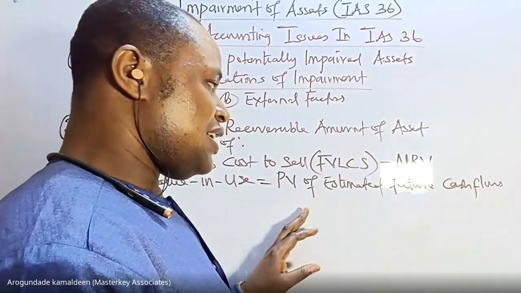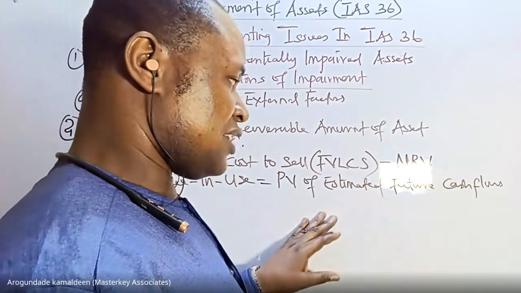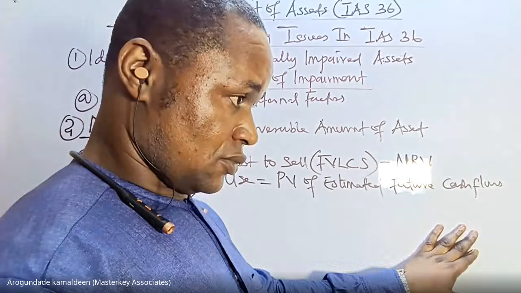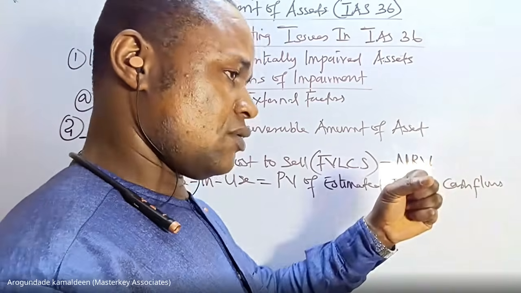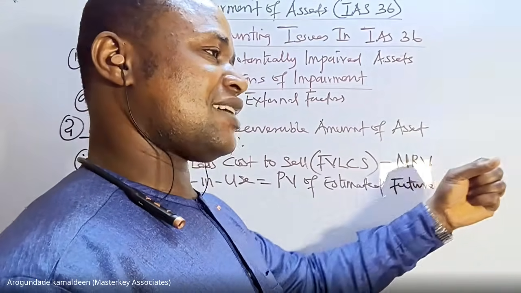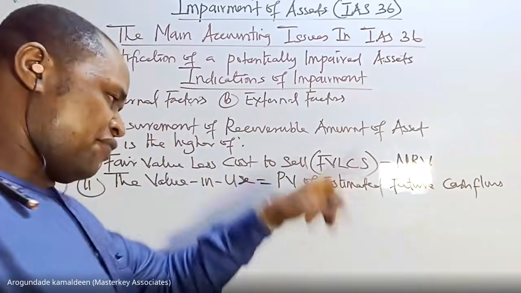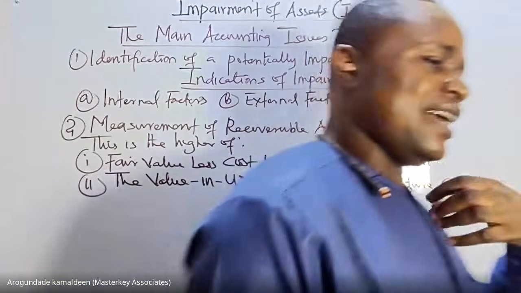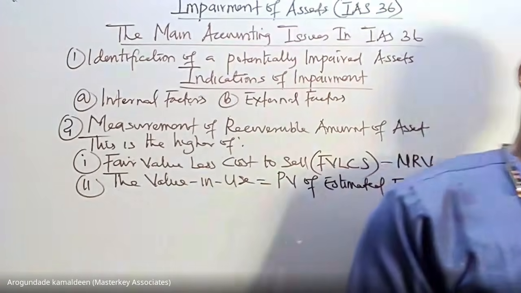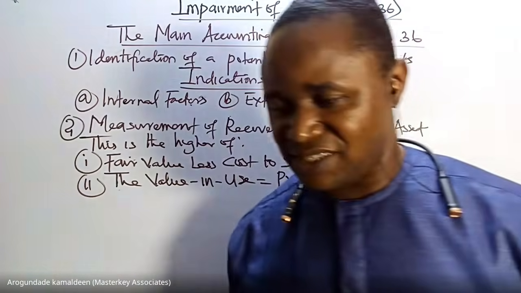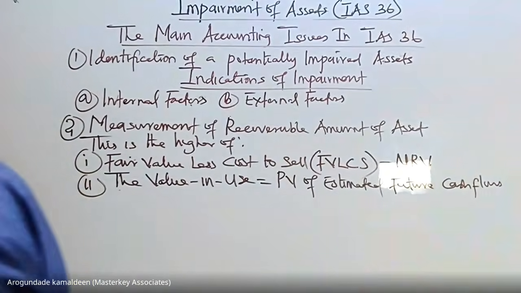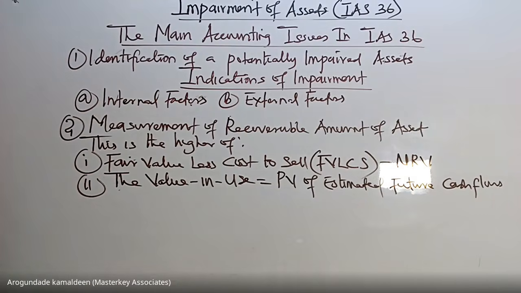Are we going to incur any expense? If you have that, you deduct it. Then you discount the figure. It's called the PV, or the examiner might give it to you in the question directly. Is that clear?